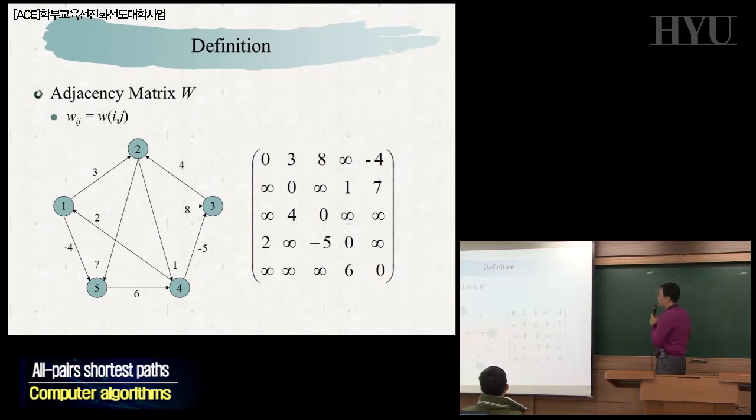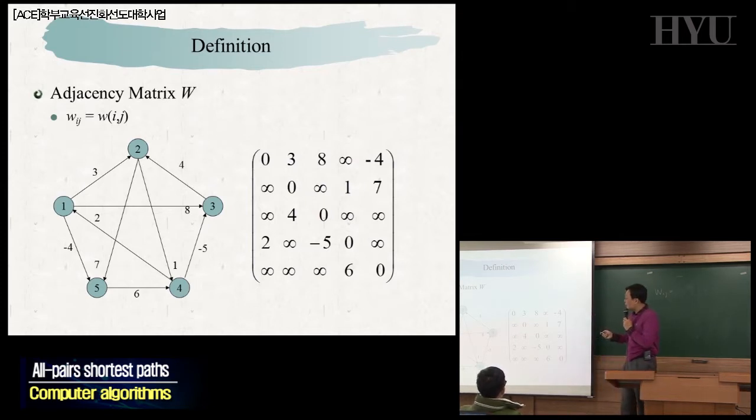W_ij. Okay, W_ij. What is the meaning of this? Which weight? Yeah, the weight of the edge from i to j.